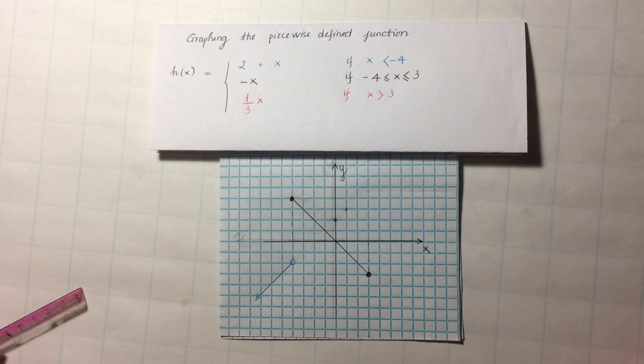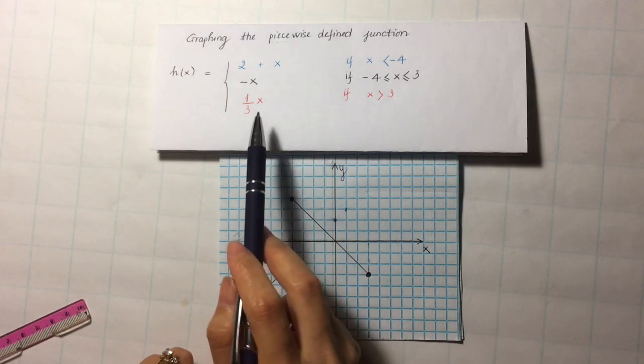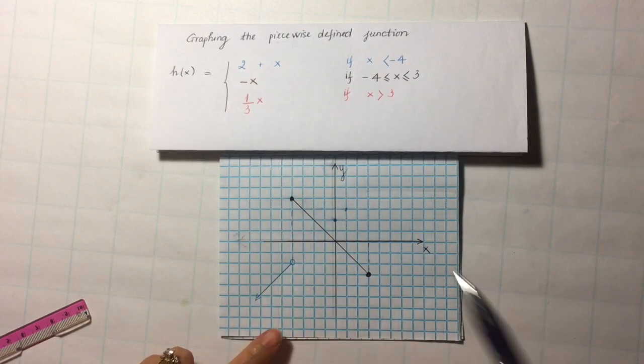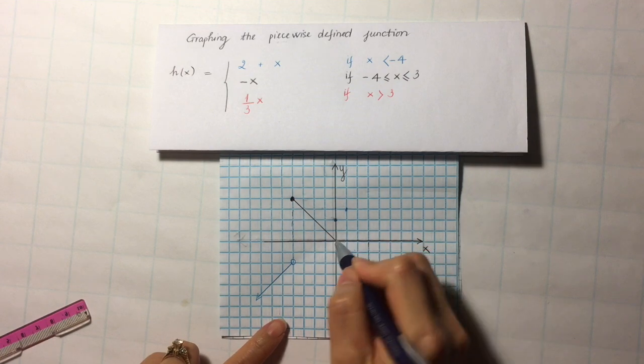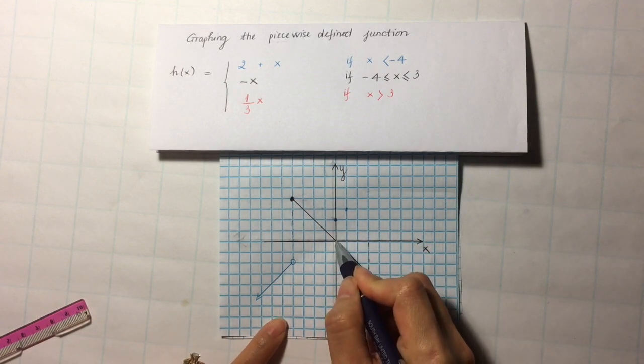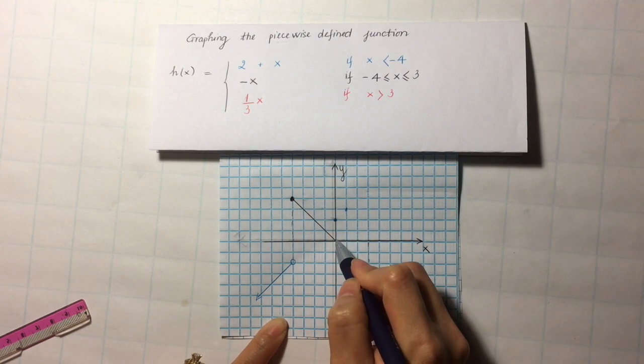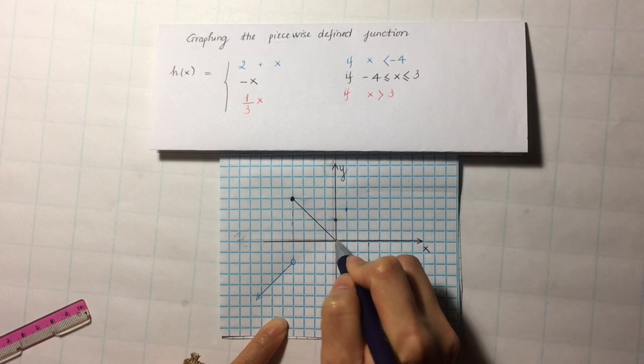For 1/3 x, the y-intercept is 0 because it does not add anything. So the y-intercept is 0 and the slope is 1/3, rise over run.